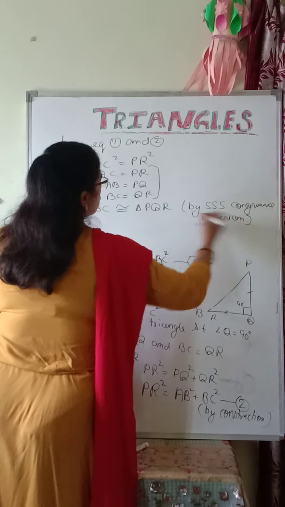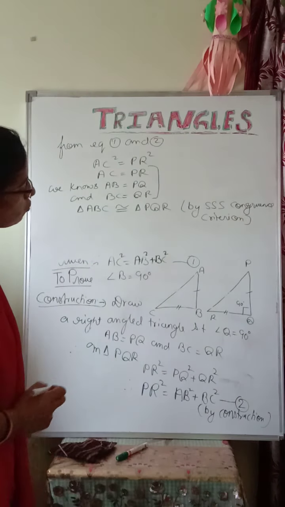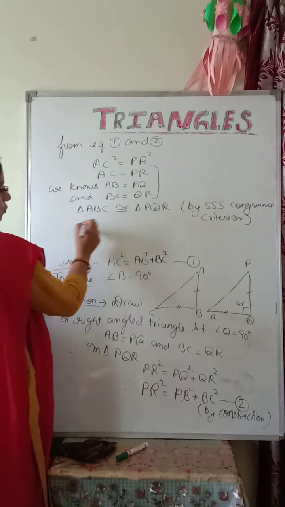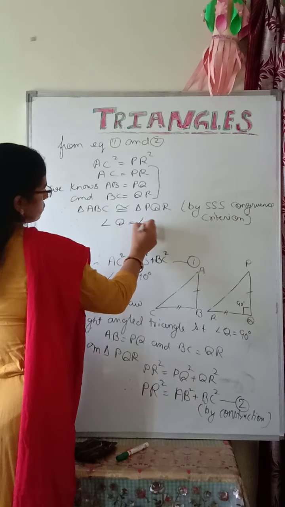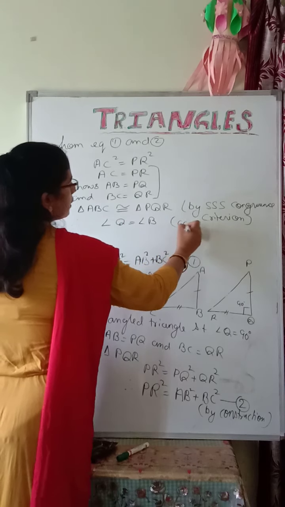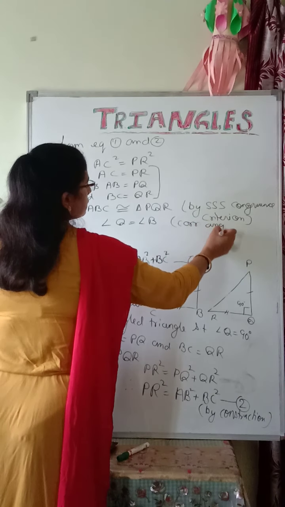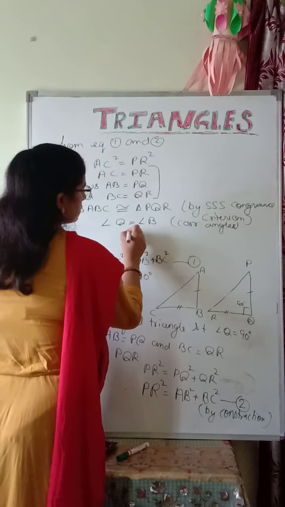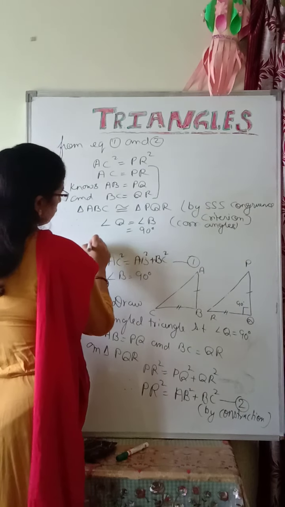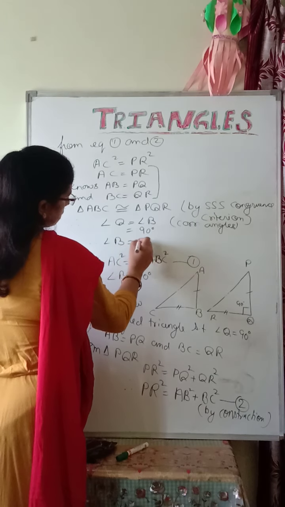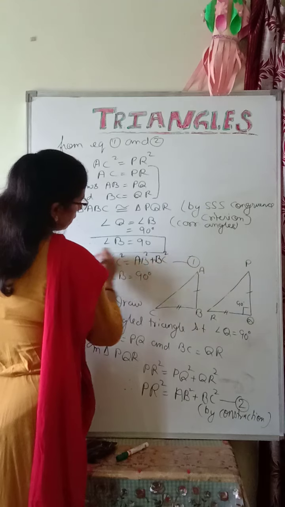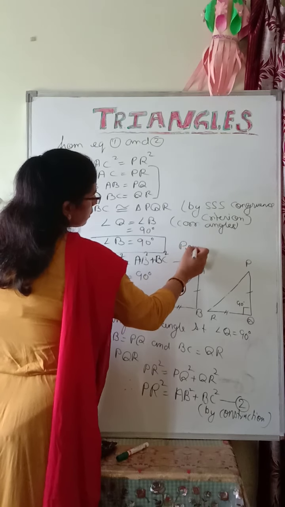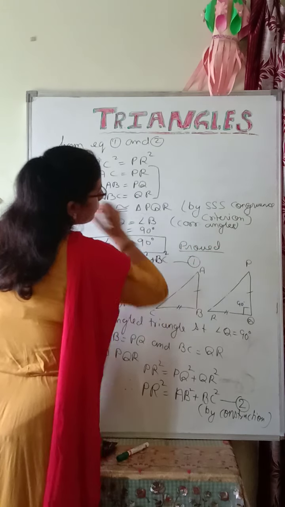Okay, so these two triangles are congruent, therefore angle Q should be equals to angle B. Why? Corresponding angles, so which is equals to 90 degree. So therefore we'll write angle B is equals to 90 degree. This is your converse is also proved.